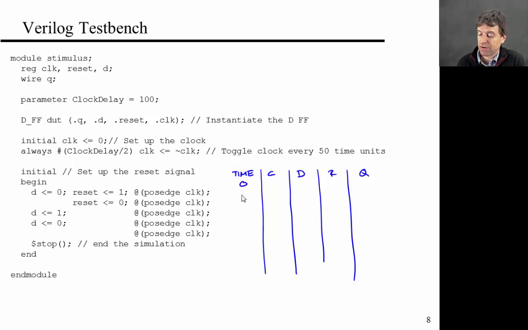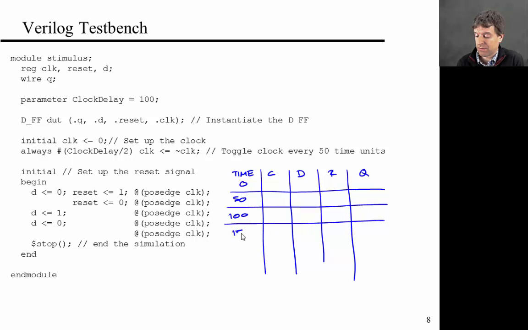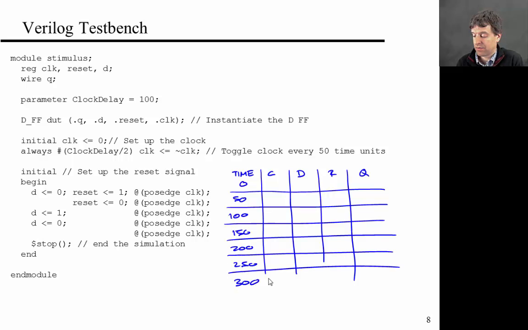The time starts at 0, 50, 100, 150, up to 300, right? We said at the beginning the clock was initialized to 0, and it switches every 50 time units. It goes up, down, up, down, up, down.